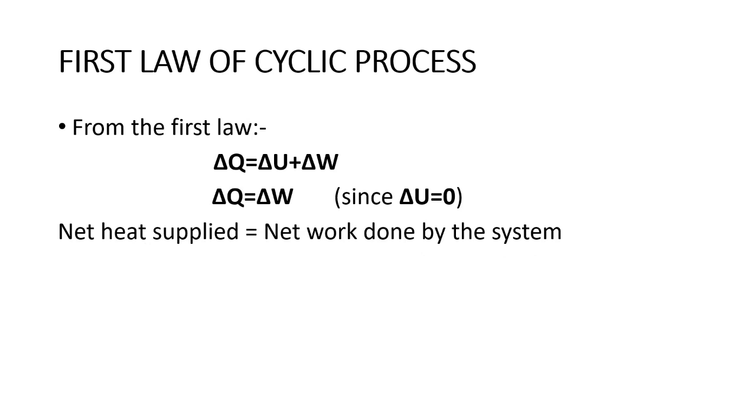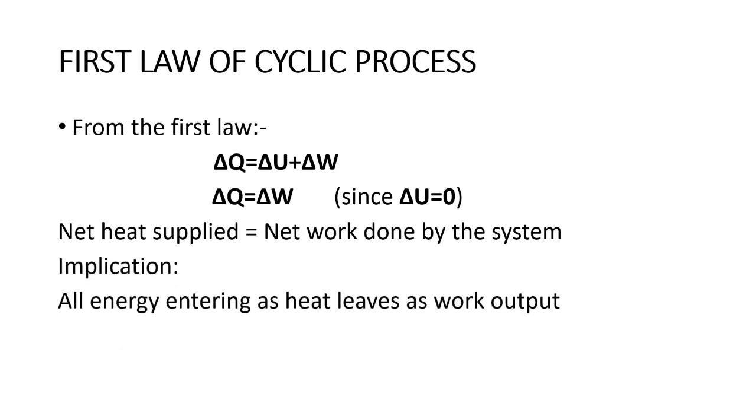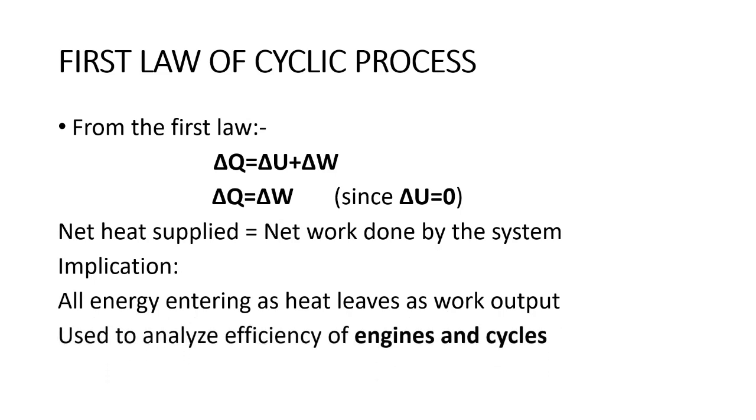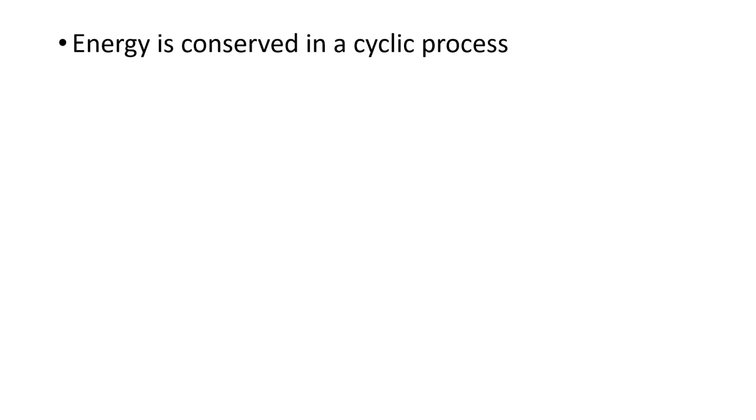Net heat supplied equals net work done by the system, so all the energy entering as heat leaves as work output, and that is used to analyze the efficiency of engines and cycles. So energy is conserved in a cyclic process; energy can neither be created nor destroyed.